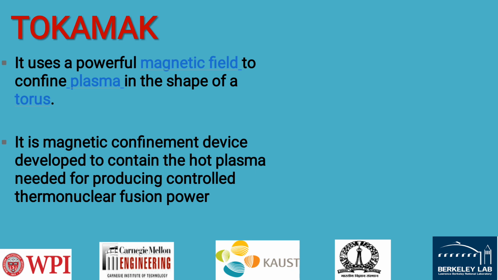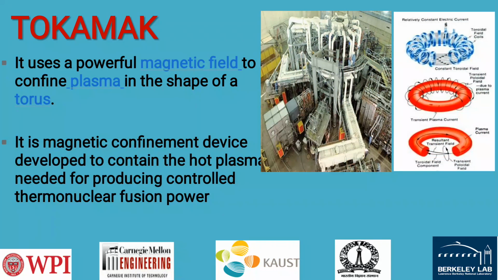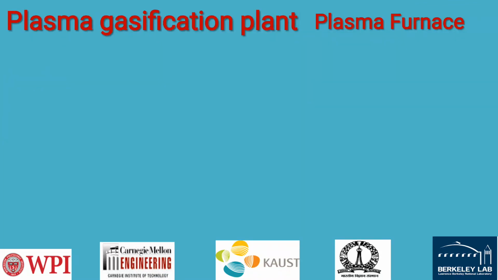It is a powerful technique, and they apply a powerful magnetic field to confine the plasma, because the temperature is very high and very dangerous. With the help of the magnetic field they control it, and you can see here the red line showing how they control it, flowing in a toroid path. It is a confinement device, which is very important, with which you can produce a huge amount of electricity.